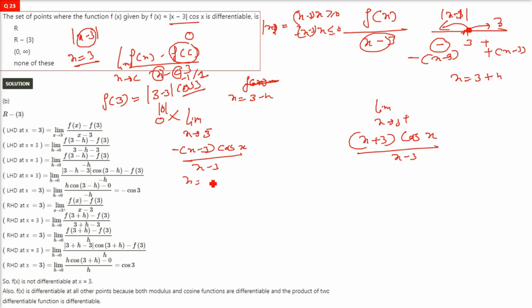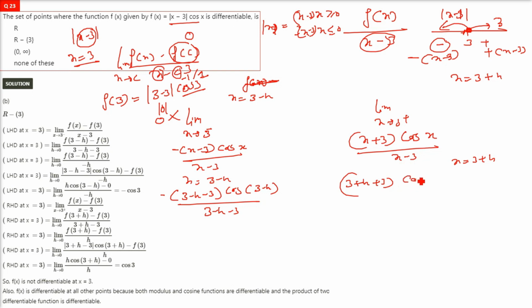So you have x as 3 minus h on the left and x as 3 plus h on the right. On the left, it is cos 3 minus h divided by x minus 3, where x is 3 minus h minus 3. Here also the same thing: x replaced by 3 plus h plus 3, and this is going to be cos 3 plus h, and in the denominator you have 3 plus h minus 3.